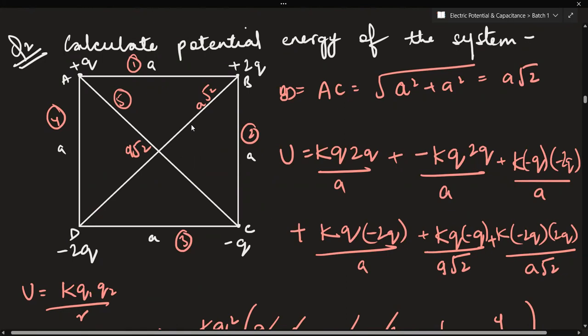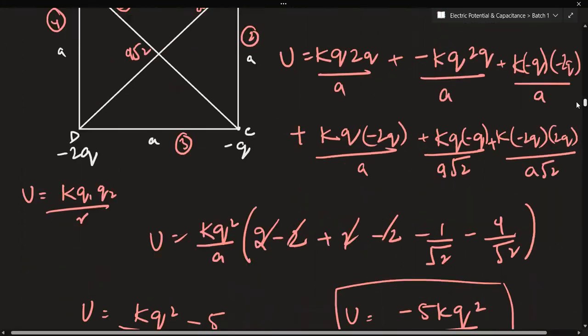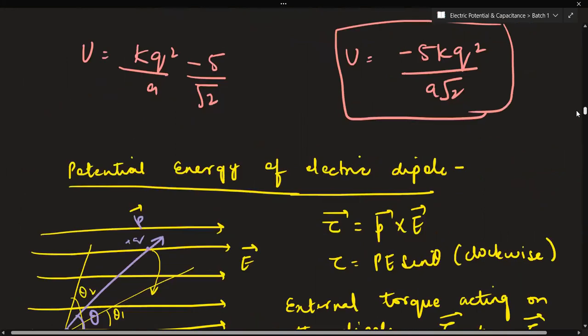That will result in 6 energies. Likewise, you will have different systems where you will see which two charges can interact with each other. Fine. So in potential energy, this is the main thing that you have to remember.